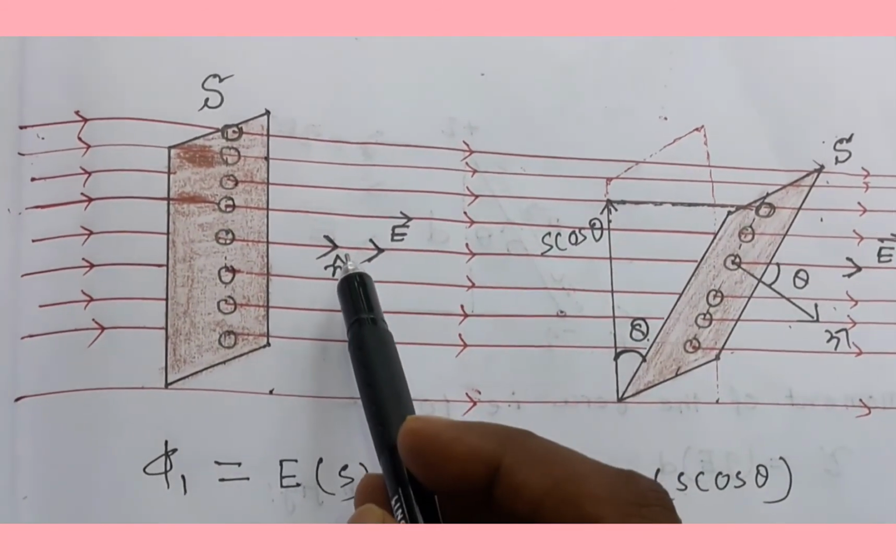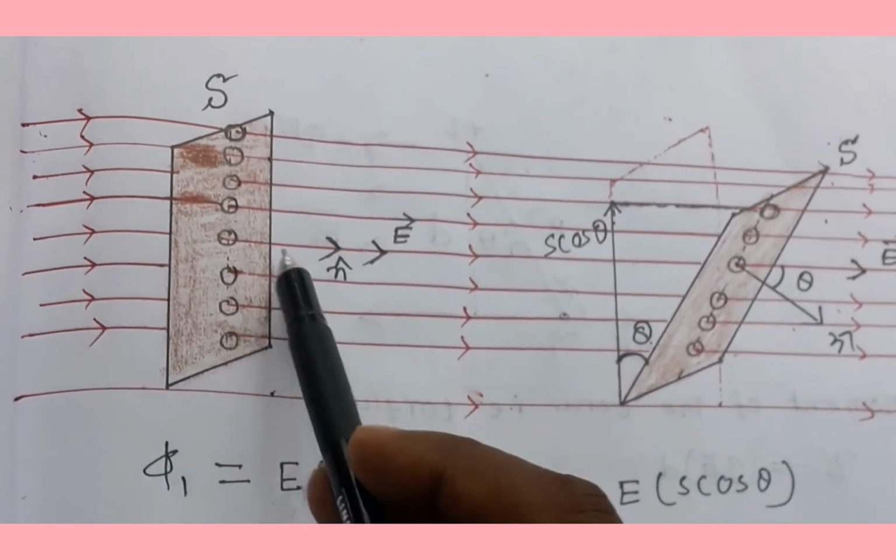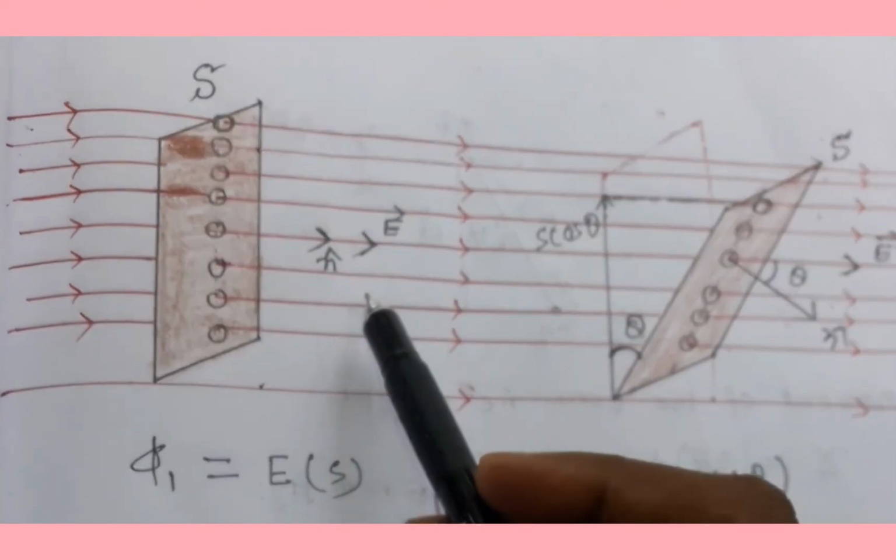In the first figure, the angle between the field line and the normal to the surface is 0 degree.